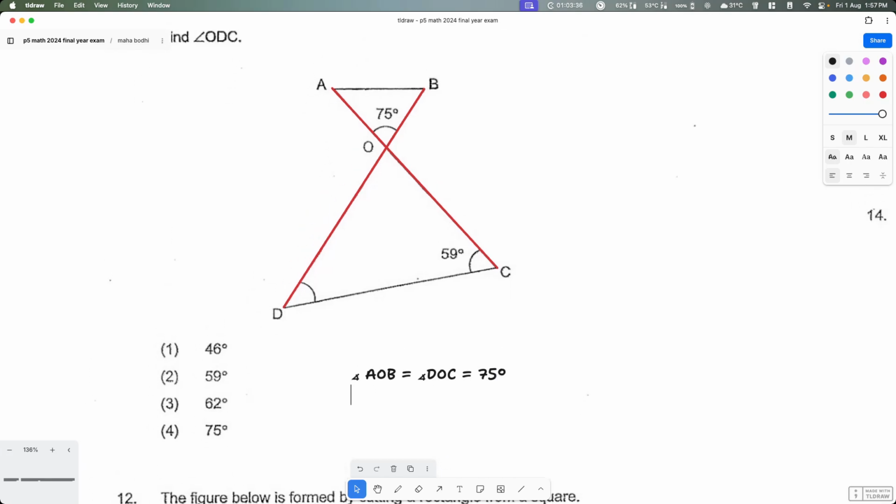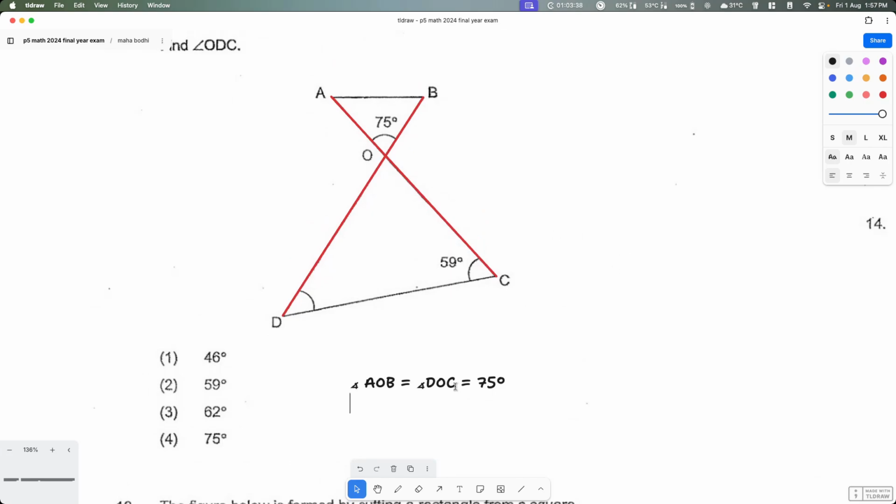So angle ODC is equal to 180 minus 75 minus 59 degrees. Okay, and what would this be equal to? So 180 minus this will then be 105 minus 59.